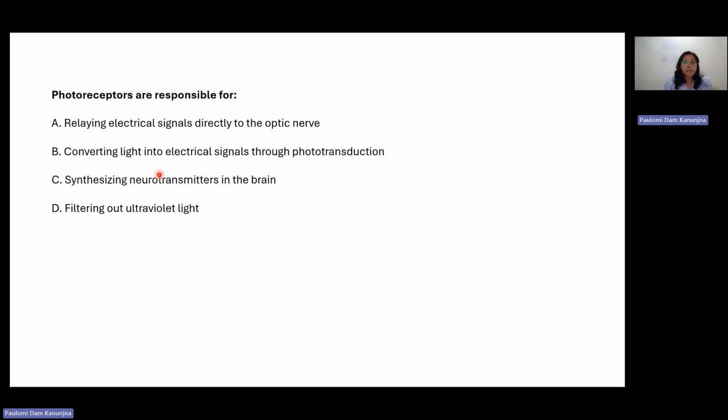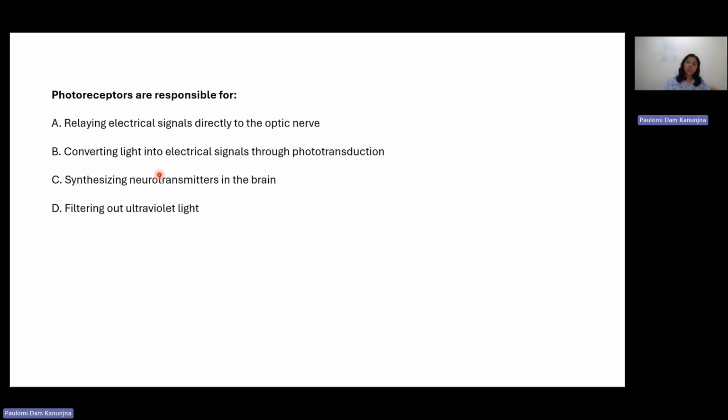Why are these questions important? Because they use terminologies which are very similar to each other, but only one of the answers is correct. So you need to read and really break the options apart and then tell which one is the correct answer. Photoreceptors are responsible for relaying electric signals directly to the optic nerve, or they are converting light into electric signals through phototransduction.